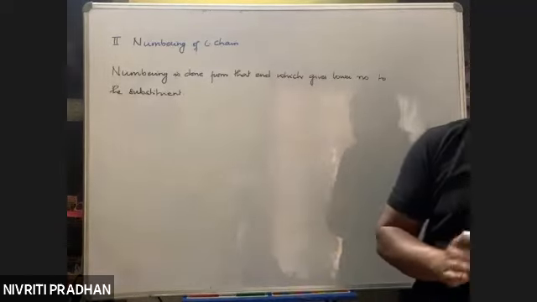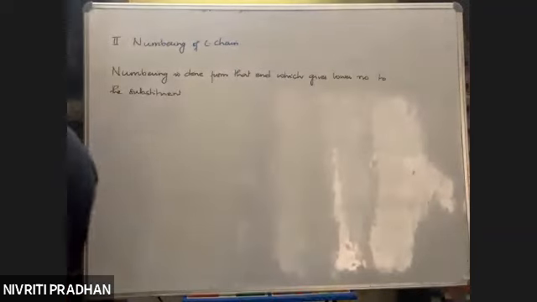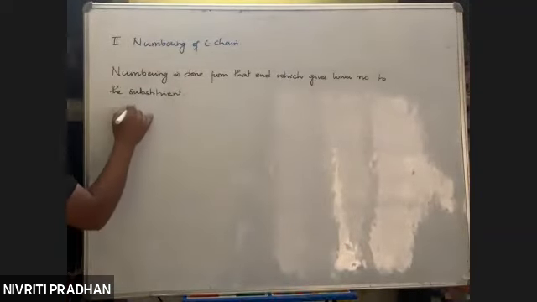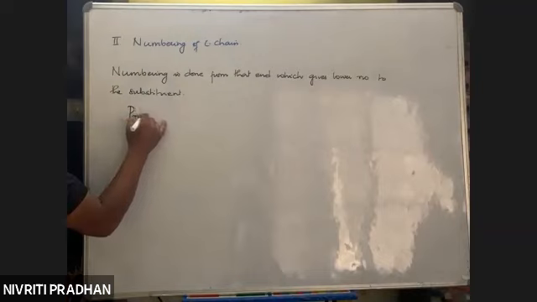If the functional group and double bond are both present, what is the order of priority? What is the priority of numbering?